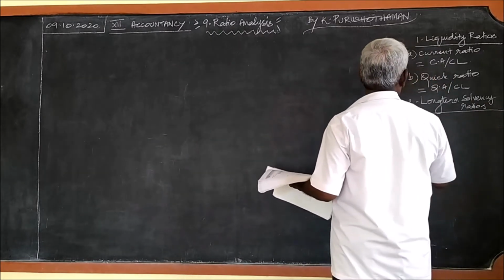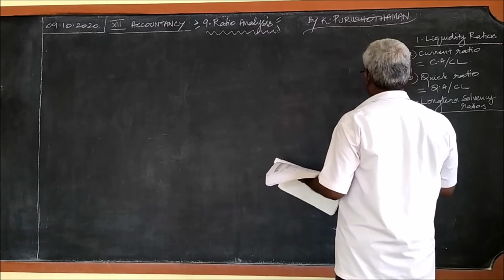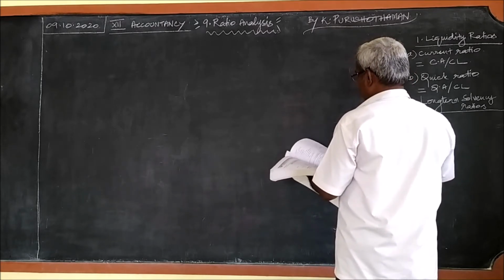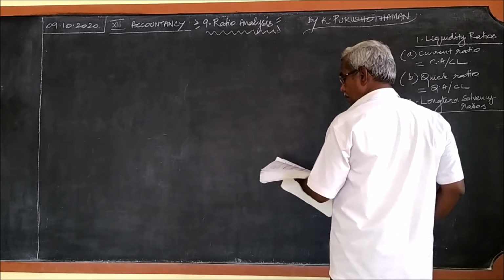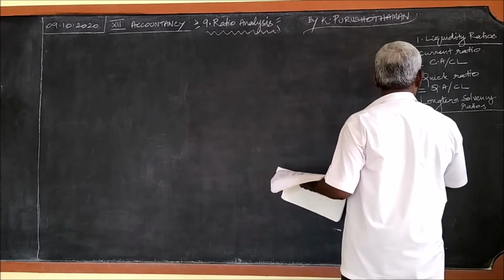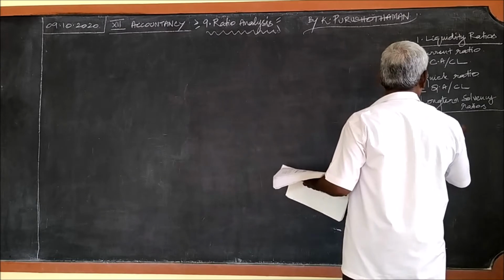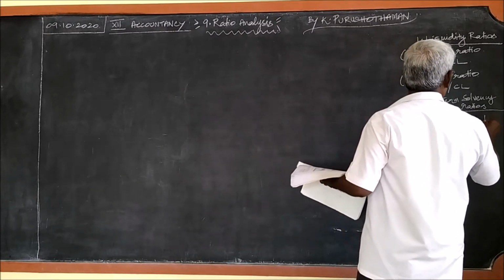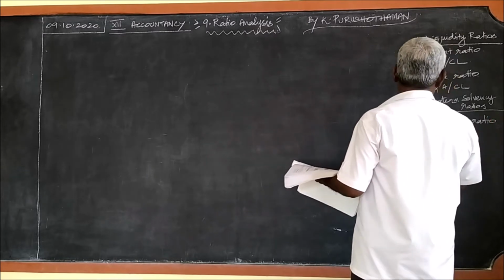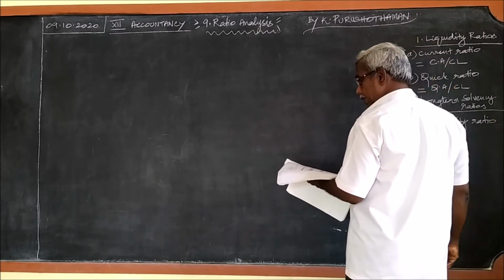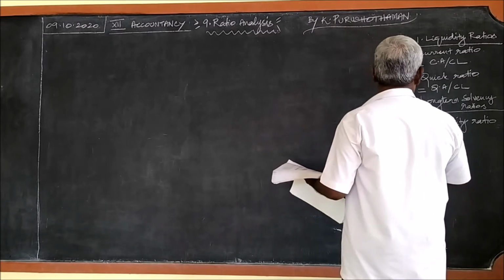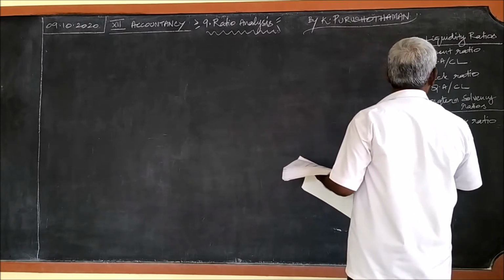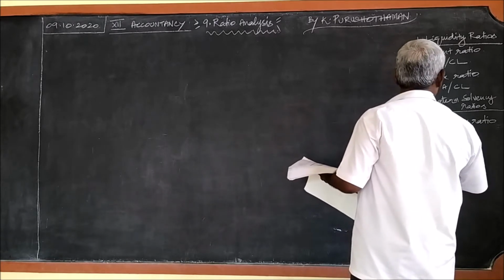Under this, we have seen three types. The first type is debt equity ratio, which we can find using the formula long-term debt divided by shareholders' fund.